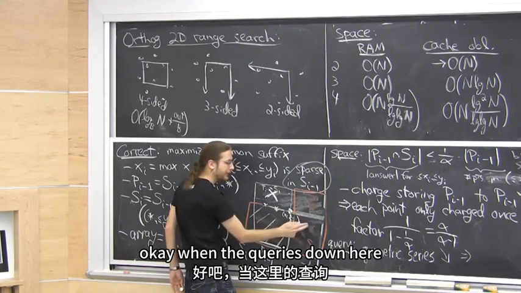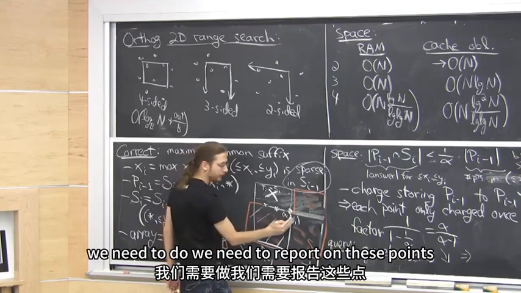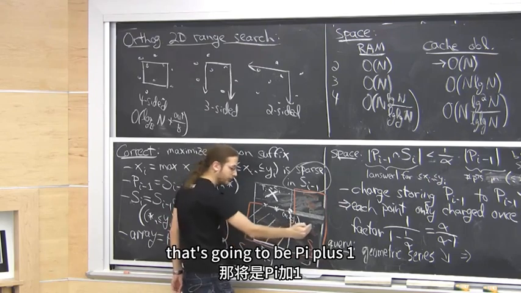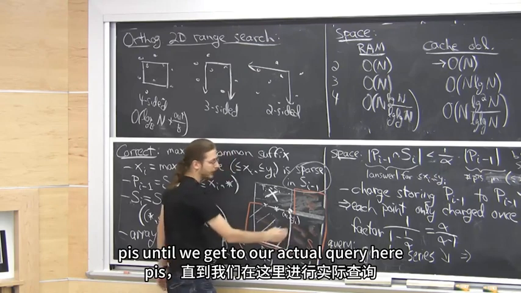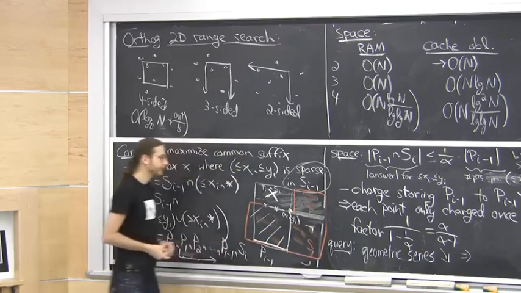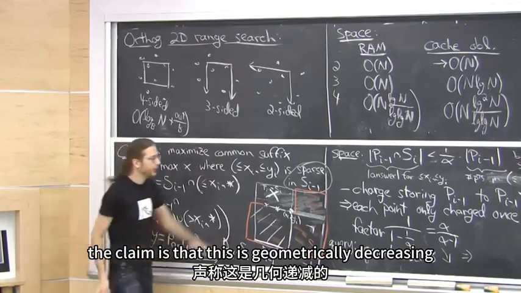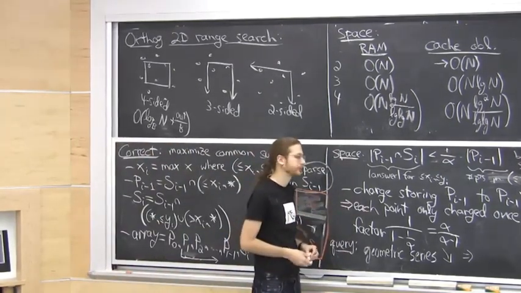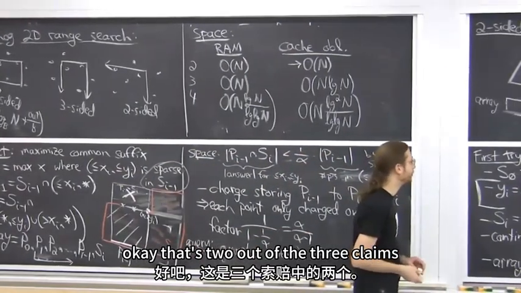Okay, when the query is down here, we need to report on these points. Then we're going to have to do more. That's going to be PI plus 1. And so we'll do more and more PIs until we get to our actual query here. Okay, but in any case, the claim is that this is geometrically decreasing by the same charging scheme. Okay, that's 2 out of the 3 claims. There's one more.